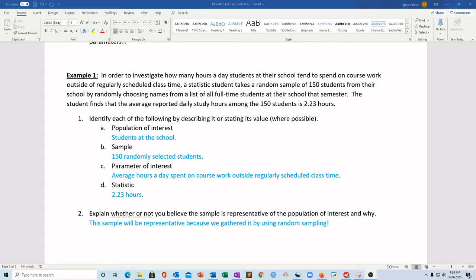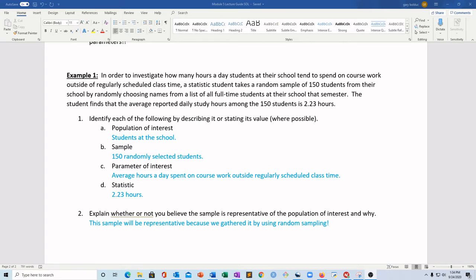How do we deal with quantitative data? Well, right now we look at the average. We just want to know what's the average of these students. And so that just tells you the parameter of interest will be the average hours a day spent on coursework outside your regularly scheduled class time. Boom. So you can really just take that right from the question that you want answered, but you just have to use average. Again, it's quantitative data, so we know we're using average or mean.